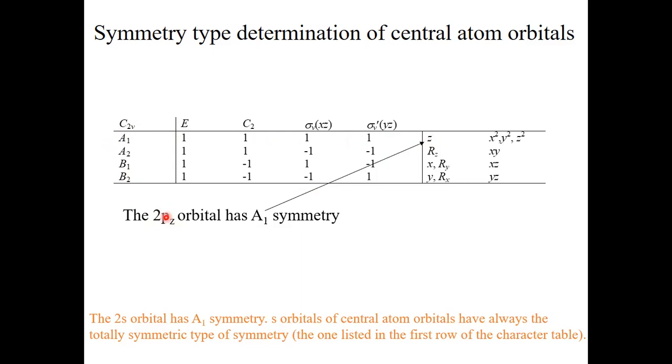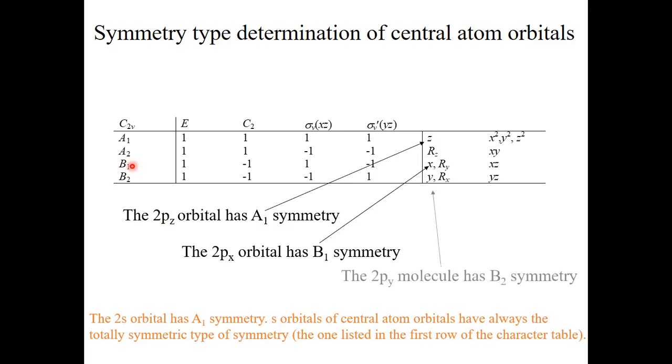So now we can do the same also with the 2px orbital. So you just look where the letter x appears in the character table. You see that it appears in the irreducible representation of symmetry type B1. That means that the 2px orbital has the symmetry type of B1. Last but not least, we also look at the 2py orbital.